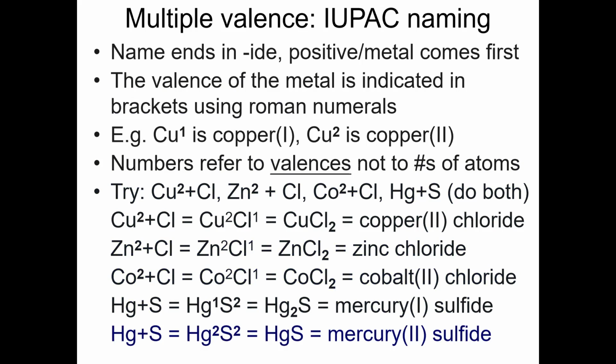See, in order for you to know which ion you have, which positive ion, because all of the negative ions, all of the anions are always ending in "ide." But the ones that are positive, and that have multiple valences, you have to differentiate them by using their valence in parentheses, Roman numerals, okay?